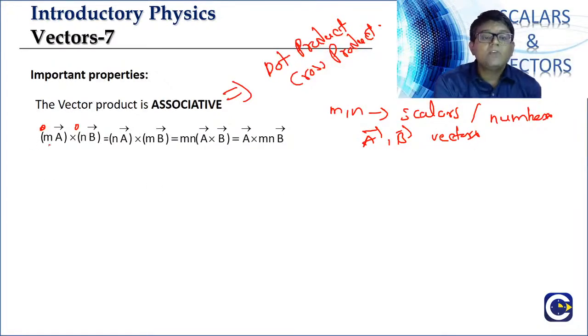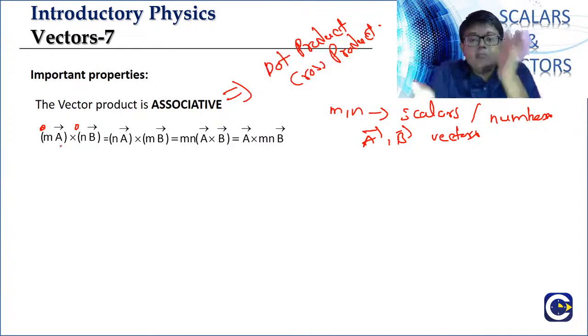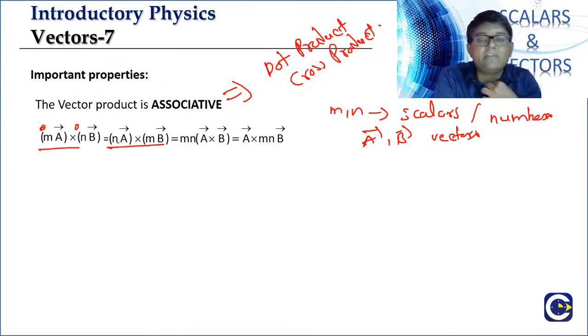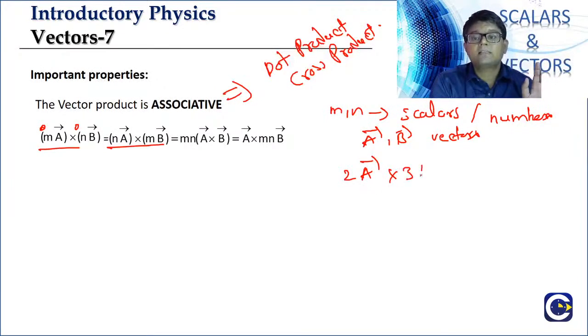Then if you have the multiplication m into A bar cross n into B bar, the idea of the associative law is that the m and n numbers can be interchanged, meaning the value will be the same. Let me give you one example, let us say 2a bar cross 3b bar. This will make us a little bit more comfortable.